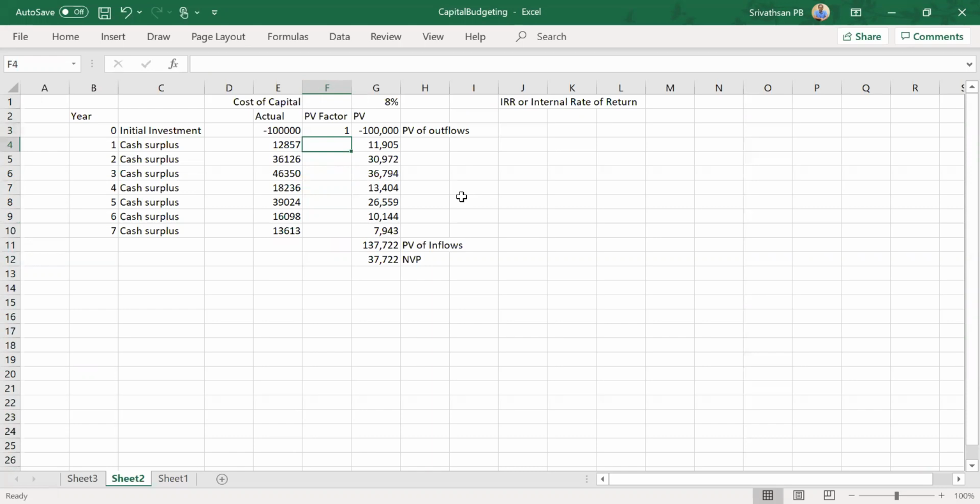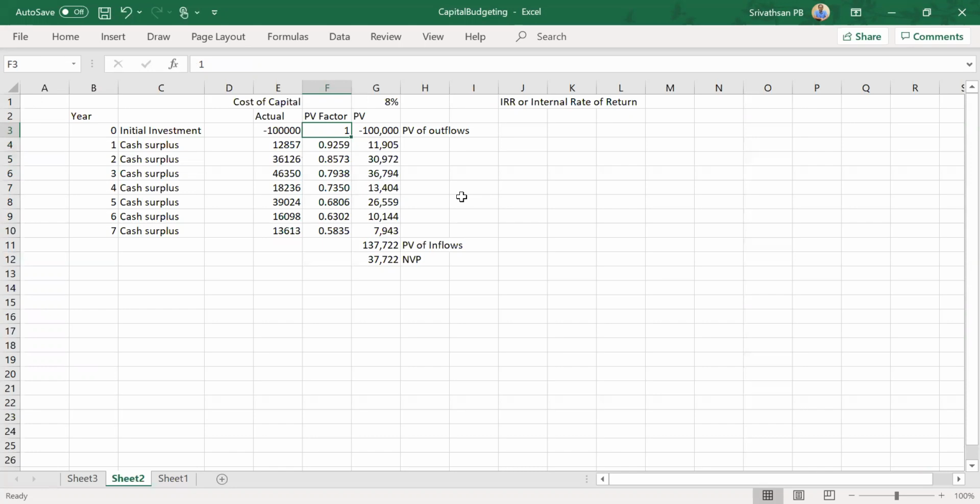So first year is always 1, second year 1 divided by (1 plus 0.08) to the power 1, and they normally give it to 3 or 4 digits. So let's keep the display to 4 digits.